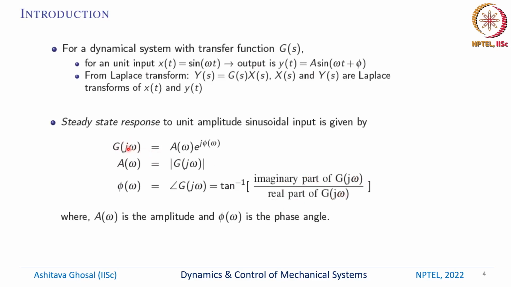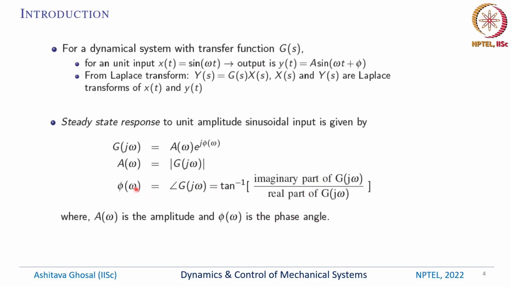If you were to expand G(j omega), you will get something like cos phi, which is the real part, and then something which is j sin phi, which is the imaginary part. So from the real part and the imaginary part, we can find the angle. It is very straightforward. Tan inverse of the imaginary part, which is sin phi, divided by cos phi is tan phi, so we can find phi.